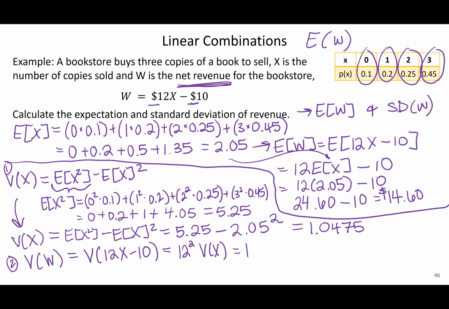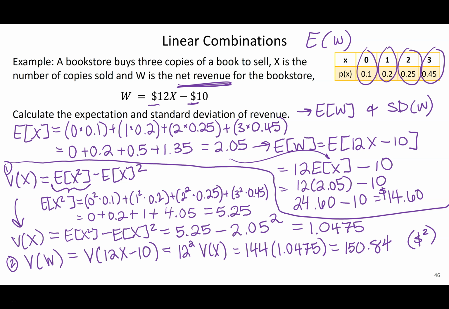So I'm going to have 144 times that 1.0475 I just calculated, and get 150.84. If you're looking at units, it's dollars squared, which is part of why we tend to not talk about variance as much around people.